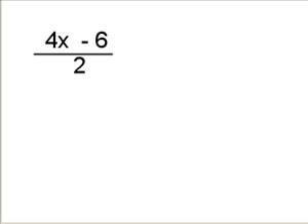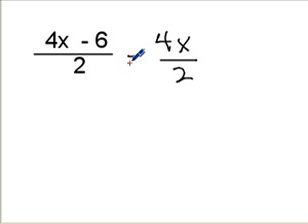So in this question, we have a polynomial as the numerator and a monomial as the denominator. So what we're going to do is we're going to take this and break it into its two parts. So 4x minus 6 divided by 2 would be the same as 4x divided by 2 minus 6 divided by 2.